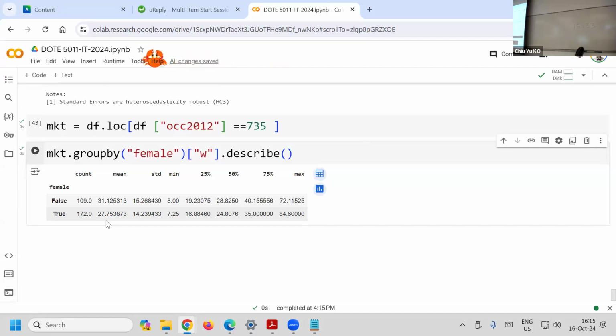Now we have more female than male in marketing. And the wages are different, right? Not too much, but you still see there's some difference. You want to see whether there's actually a difference going on. Surprisingly, in the lower range, men earn more.